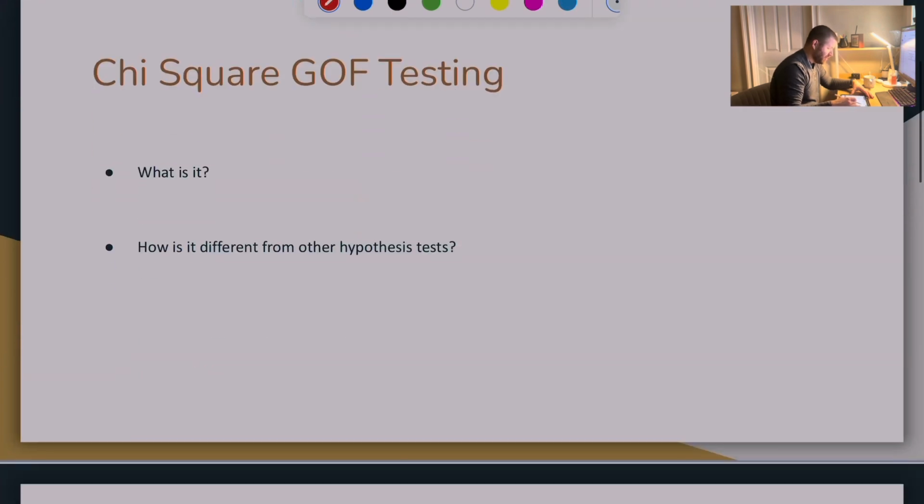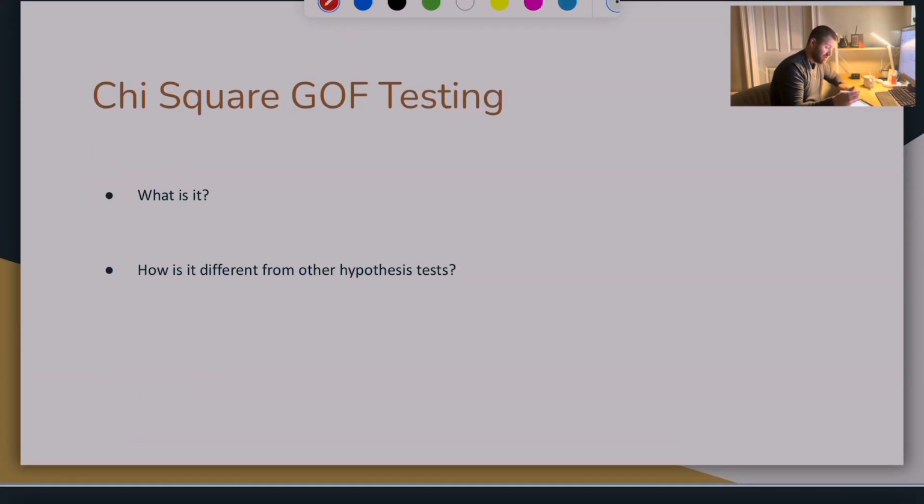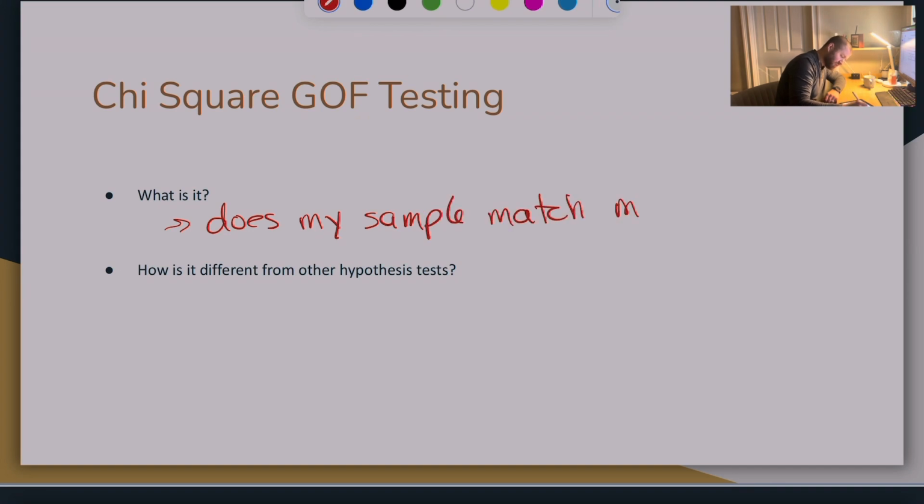So a chi-square goodness of fit test, what it's asking you is, essentially, does my sample match my expectation?